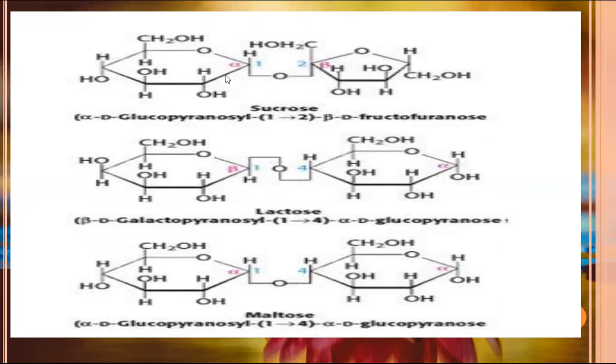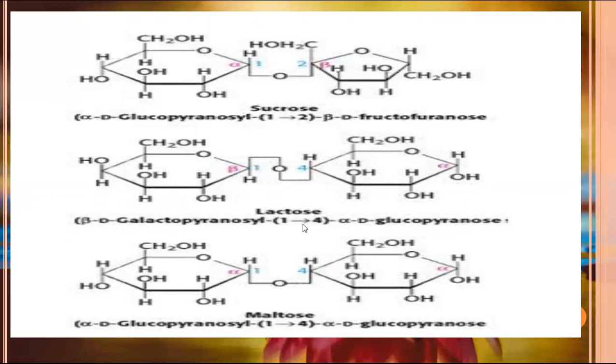Here, alpha means that the hydroxyl group on the glucose molecule is present below the ring. So the hydroxyl group below the ring is involved in the formation of the glycosidic bond. This bond is called an alpha 1,2 glycosidic bond in sucrose.